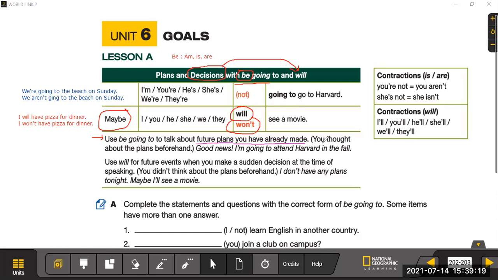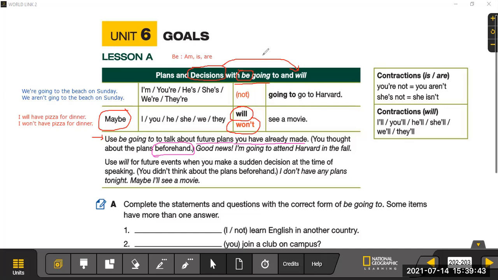You thought about that plans beforehand. Beforehand means de antemano. Okay, beforehand, this word means de antemano. So another example that we have is good news. I'm going to attend Harvard in the fall.